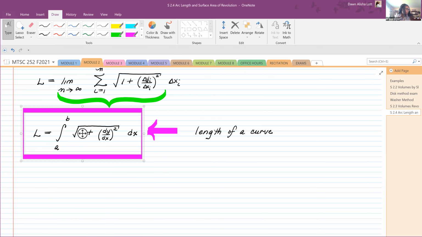Okay, first example. Find the length of the curve.